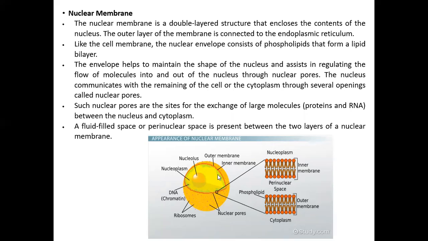Like the cell membrane, the nuclear envelope consists of a phospholipid bilayer. The envelope helps to maintain the shape of the nucleus and assists in regulating the flow of molecules in and out through specialized structures called nuclear pores. You can see the nuclear pores.